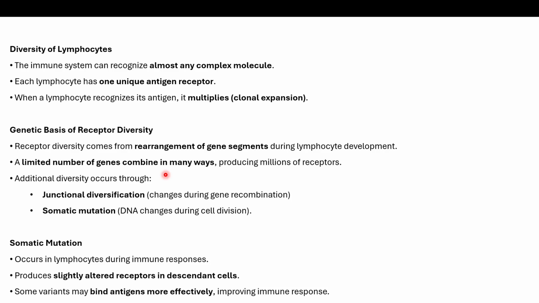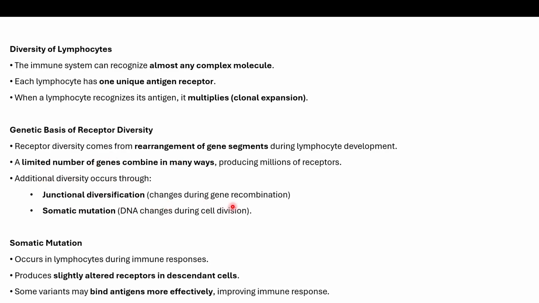Different regions of the coding sequences come in different arrangements to give rise to different amino acid sequences, and eventually a different protein altogether. Similarly, a limited number of genes can arrange in different ways, producing different types of receptor proteins. Additional diversity occurs through junctional diversification.